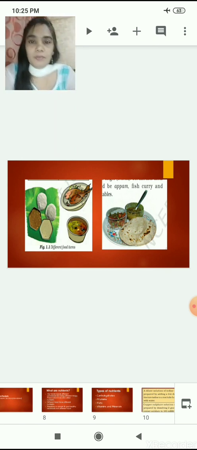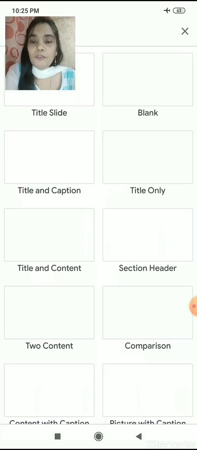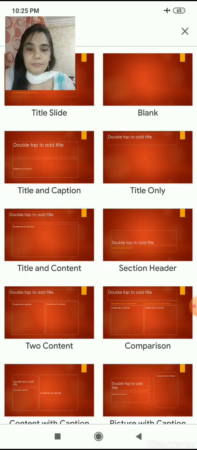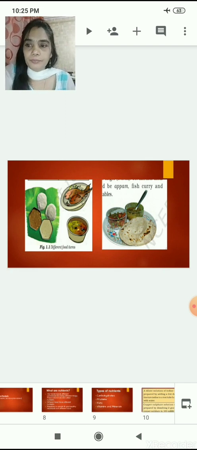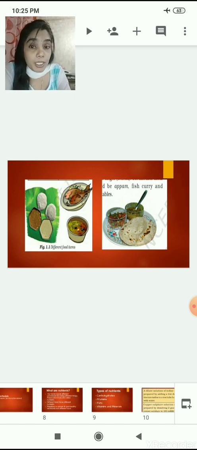So this I think we have already learned in the first chapter. So children, these ingredients contain some components that are needed by our body. So these components are called nutrients.